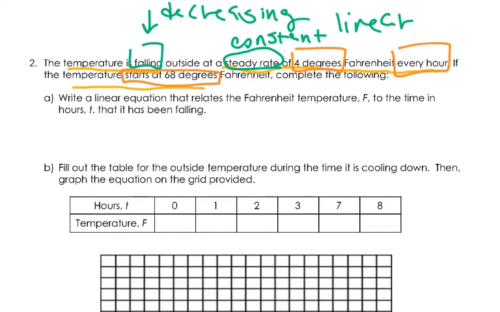So I already went back in, I highlighted some important facts, and then I went back and double annotated and pulled out some of that important math stuff. So letter A, write a linear equation that relates the Fahrenheit temperature F to the time in hours T that it has been falling.